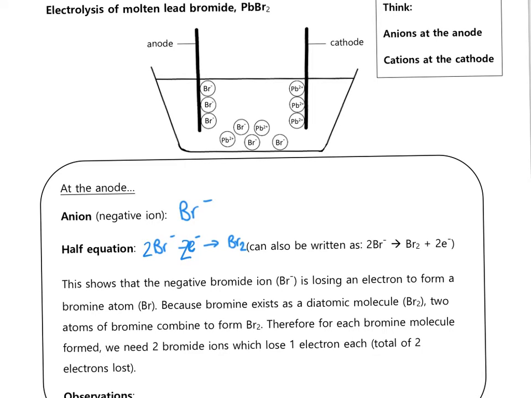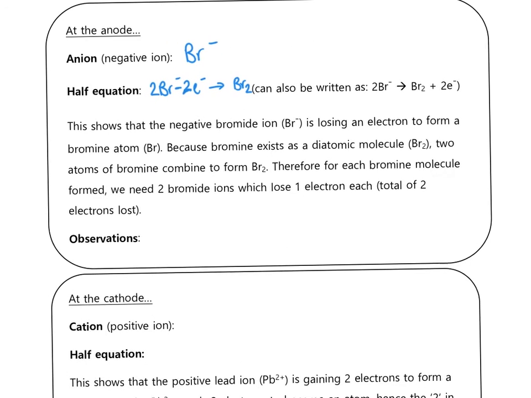So just in case that's not clear, I'll rub that out and do it over again. What you should have written in there is 2 bromide ions that lose 1 electron each, which is a total of 2, to give me Br2. And that's the half equation that you need to know for the electrolysis of lead bromide. And that's the half equation that happens at the anode.